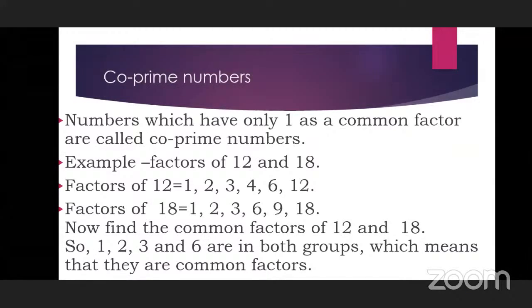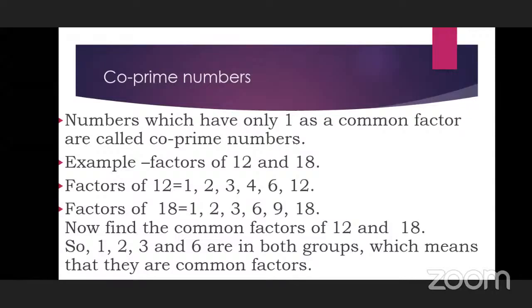See students, now we are going to learn about co-prime numbers. We have learned prime numbers and composite numbers, and also some examples. Now we learn the next topic, co-prime numbers. What are co-prime numbers?